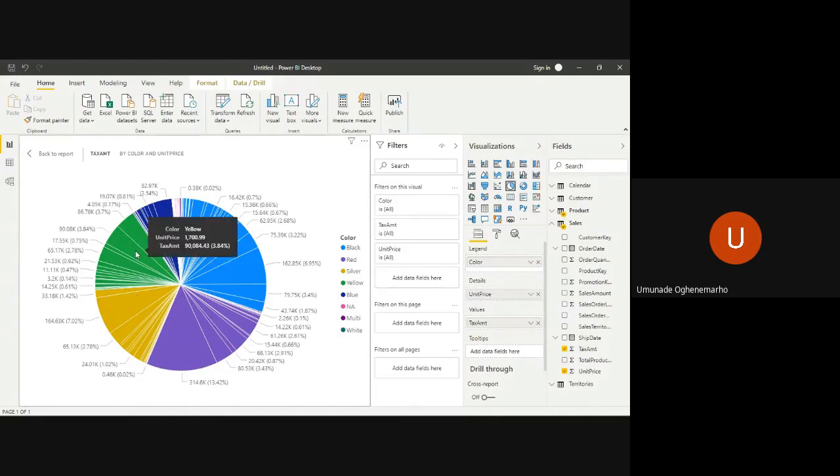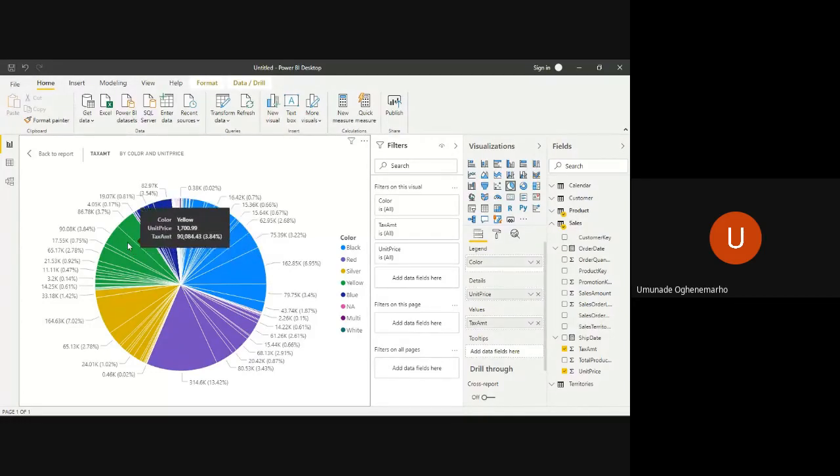Because what happens when you use details is the tax amount for each particular product, or each particular value of tax that exists within that table in relationship with the color and unit price selected, gets highlighted. So in relationship to every single unit price, that's the tax amount it's going to bring out. I just do hope you understand that.